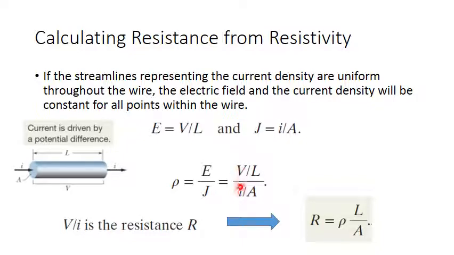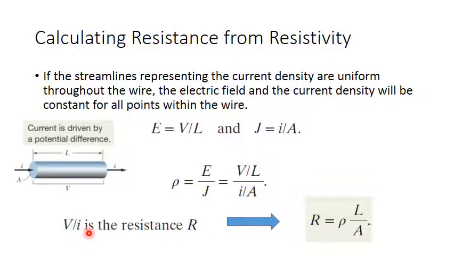So in this case, rho equals the resistance R multiplied by A over L. Or in other words, R would equal rho multiplied by L over A.